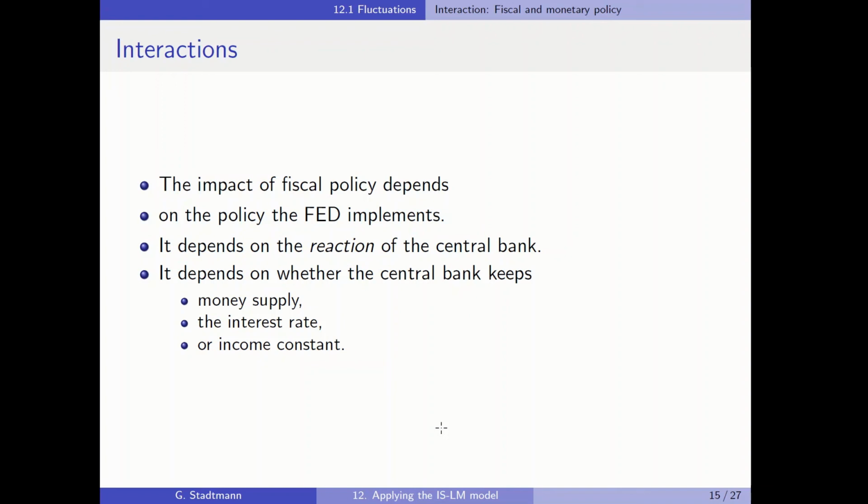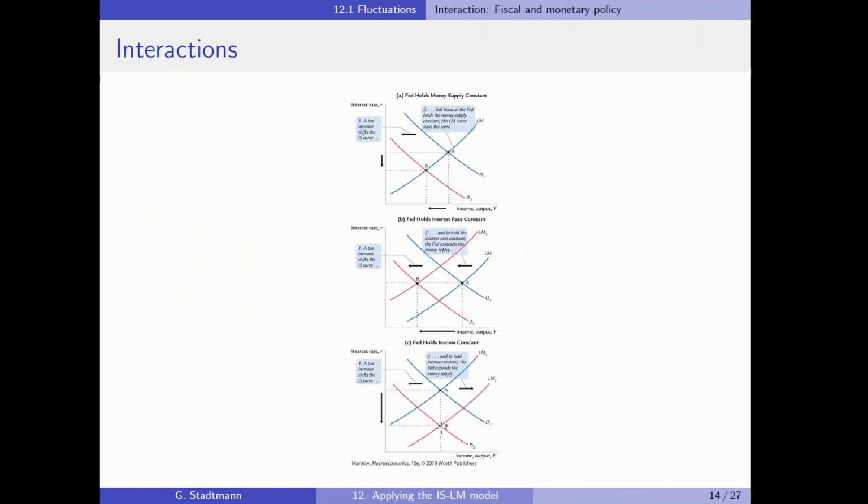It depends on whether the central bank keeps money supply constant, as was the case in panel A, or keeps the interest rate constant, which was the case in panel B, or if the central bank tries to keep income constant, which was the case in panel C of this graph.